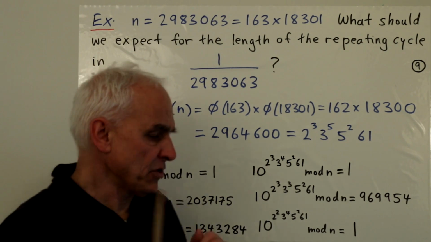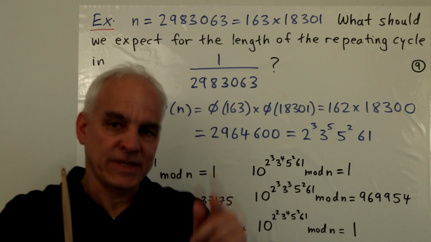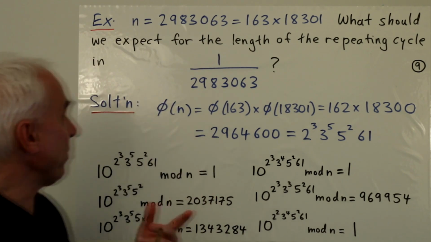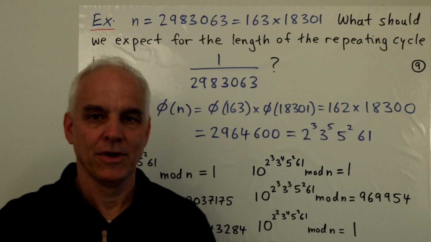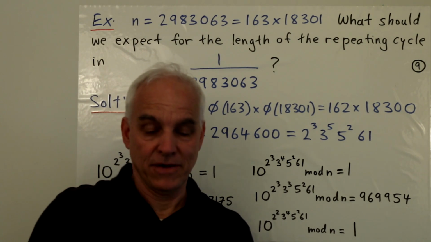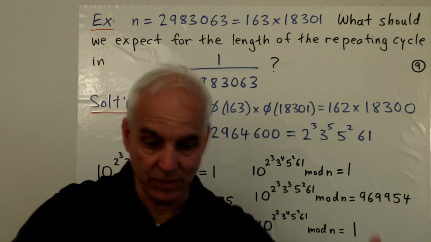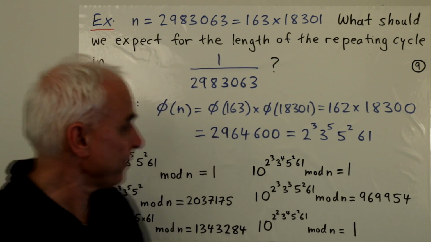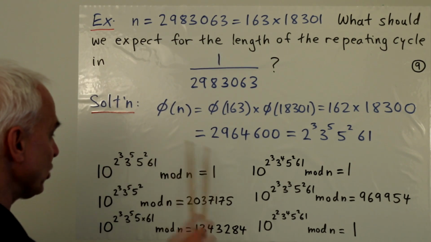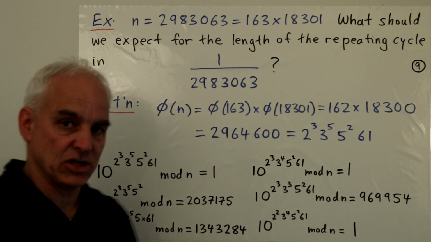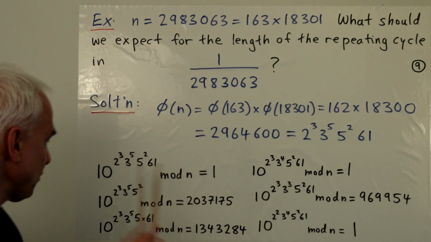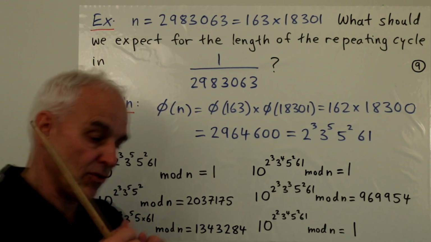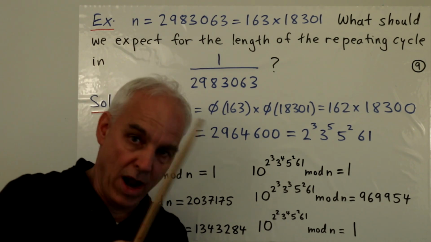Okay, so we're interested in what is the order of 10 in this group, the group U of n. So this is a bigger group now. If we had to write out the multiplication table, it would be a very big table because it would have this many rows and columns. But we can do calculations in it just by making calculations mod n. So we're interested in what power you have to raise 10 to get 1.